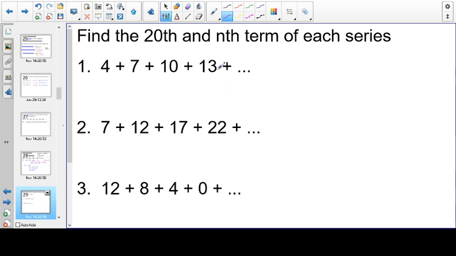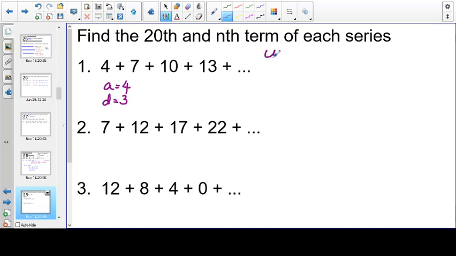Before we do that, let's just work out some nth terms for this. Okay, so I know you could probably work it out old school, but we're going to use A and D. So here, A is 4 and D is 3.